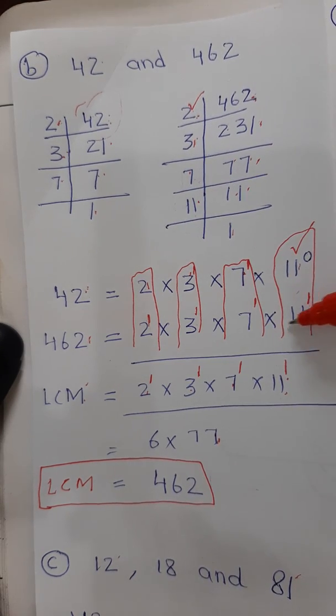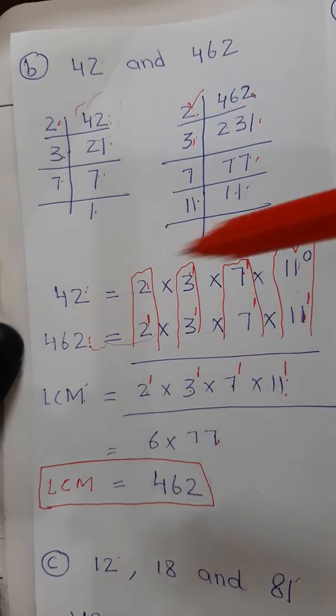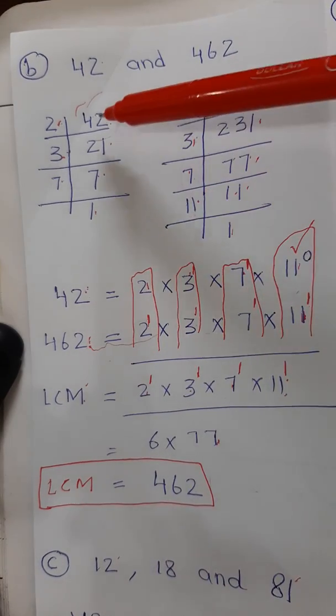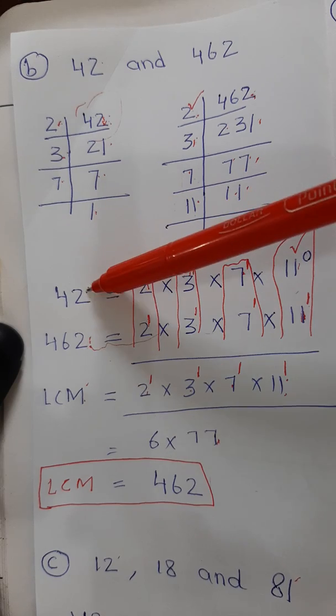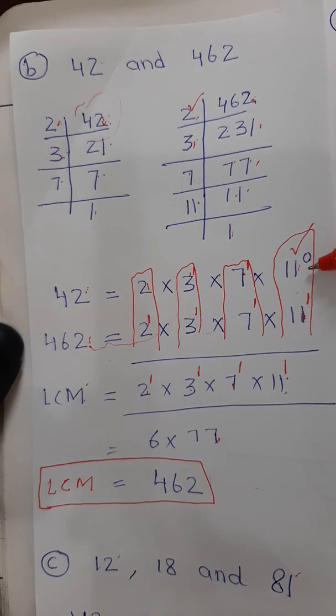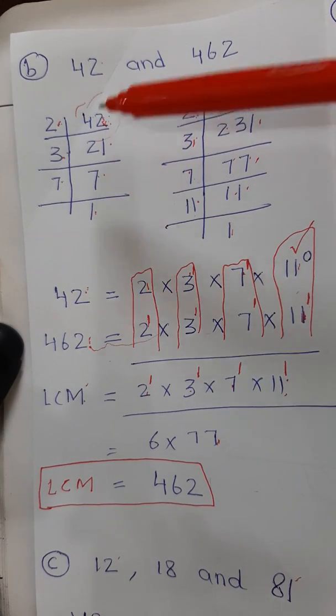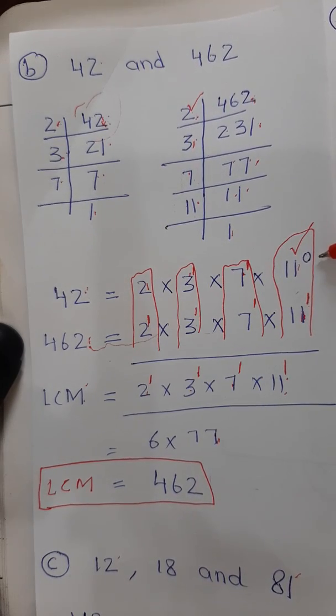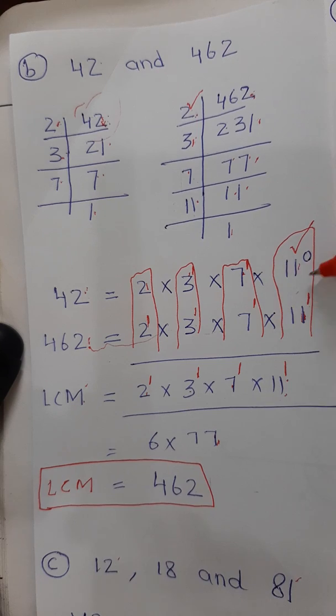Enter 11 in the factors of 462. 11 is not a factor of 42, so in the factors of 42 enter 11 power 0 in order to complete the column of 11.